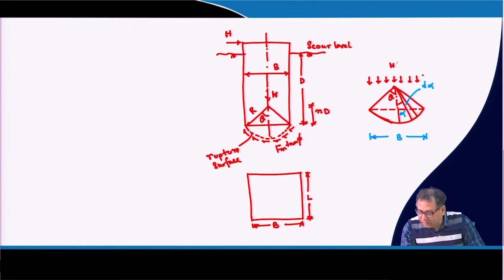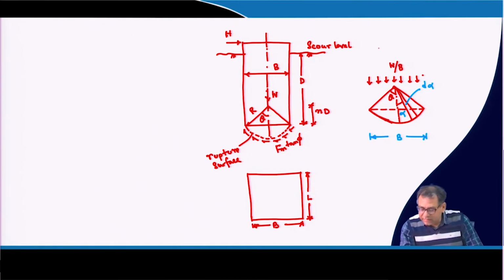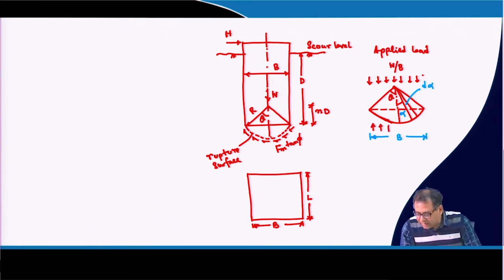Okay, so that will be W by B, written here. So, that is the applied vertical load, and there will be an upward base pressure. So, base pressure will also act, okay, below the rupture surface. So, this is the upward base pressure.